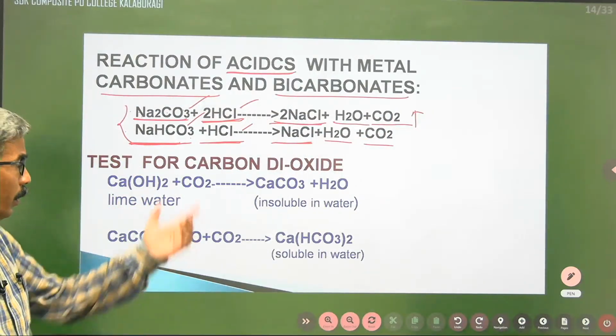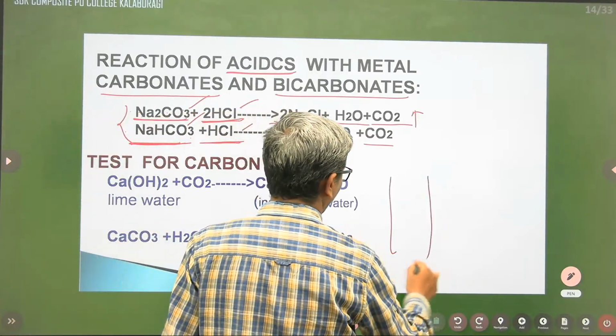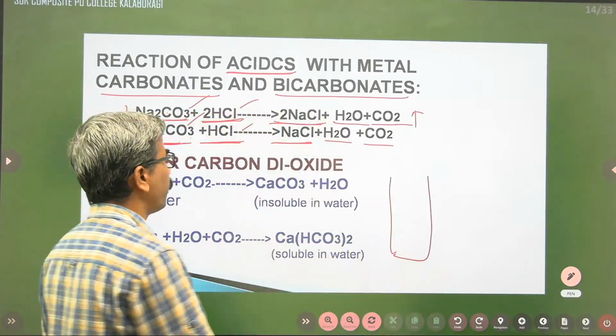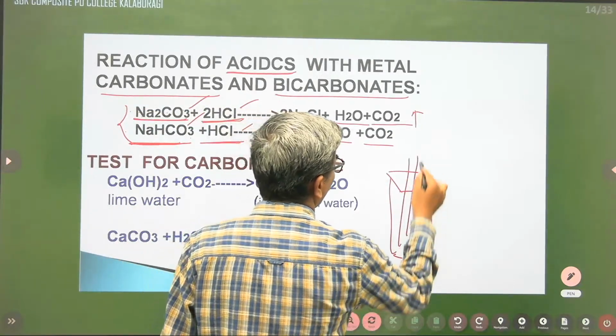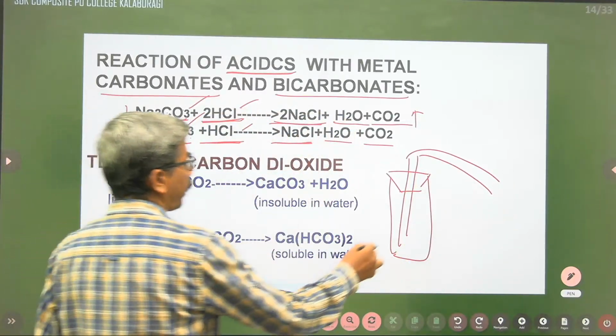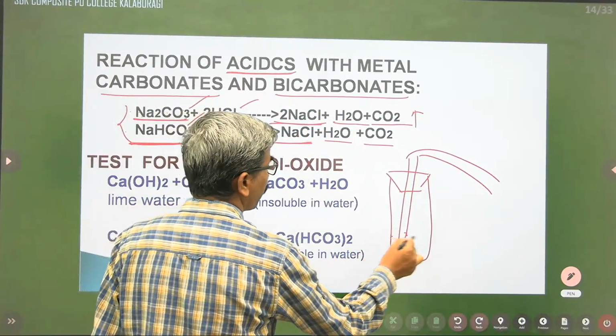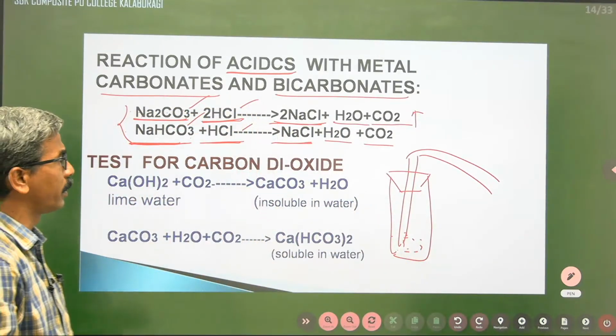What you can do, here you can take a glass test tube which is fitted with a rubber cork with a bent glass tube. Now here you can take sodium carbonate, which is in the solid state.